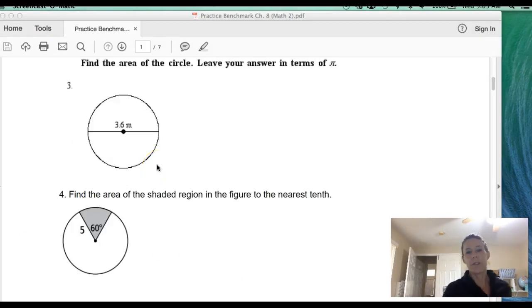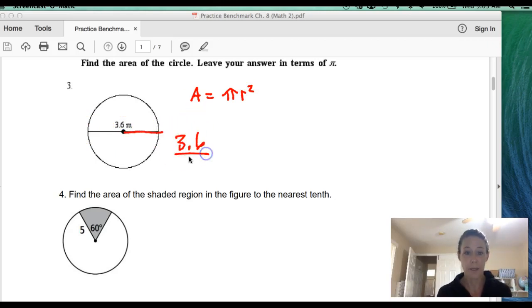All right, this one wants to know the area of the circle. Leave your answer in terms of pi. Pay attention to this, please, how it asks you to leave your answer. To find the area of a circle, area is pi times the radius squared. It gives us the diameter, so we need to find the radius, half of the diameter. So we're going to go 3.6 divided by 2, which gives 1.8.